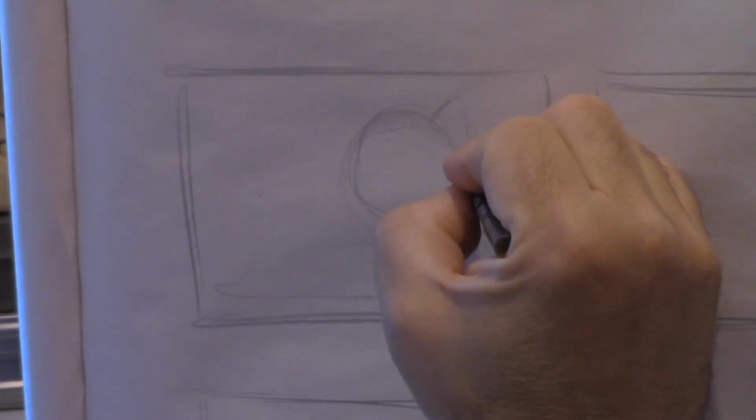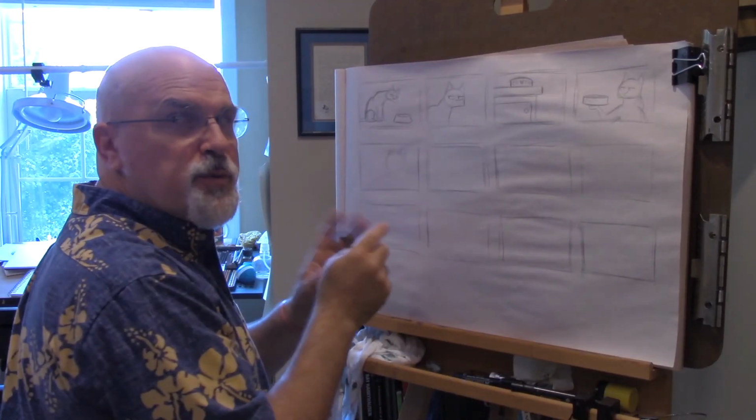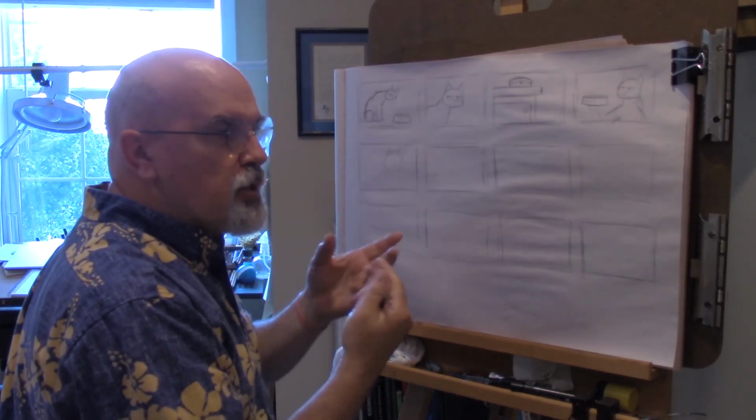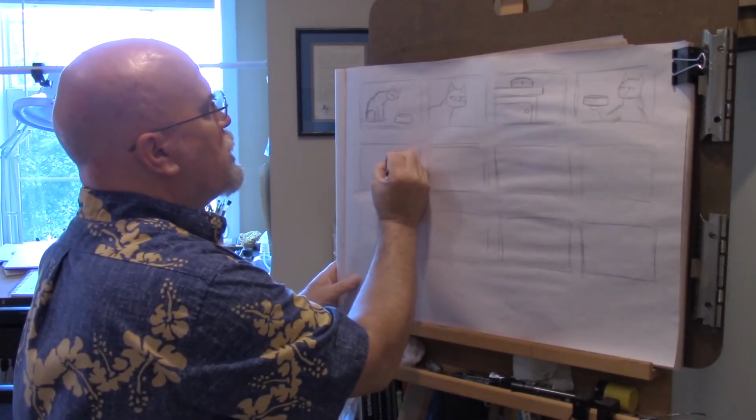So, still kind of a close-up here. Now, there's 2 reasons to use a close-up. Like in this one, we want to show detail. We want to show a specific action, a specific expression, and we need that emphasis, having the camera close on our subject.